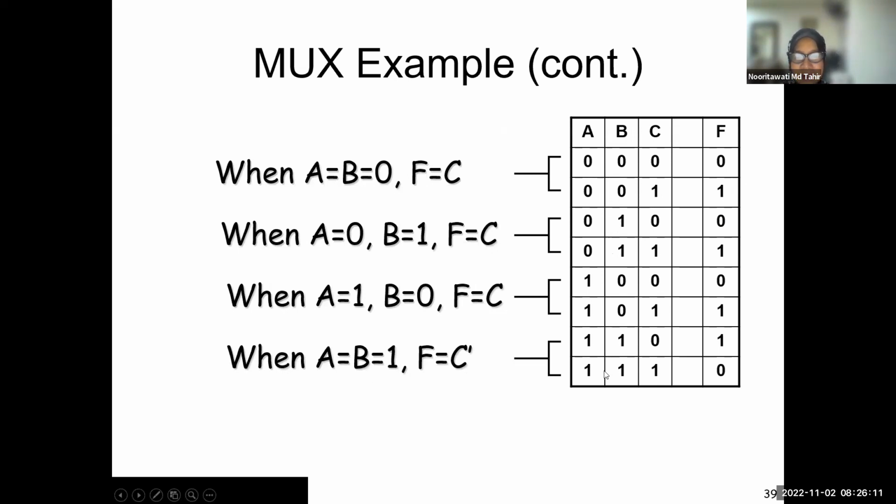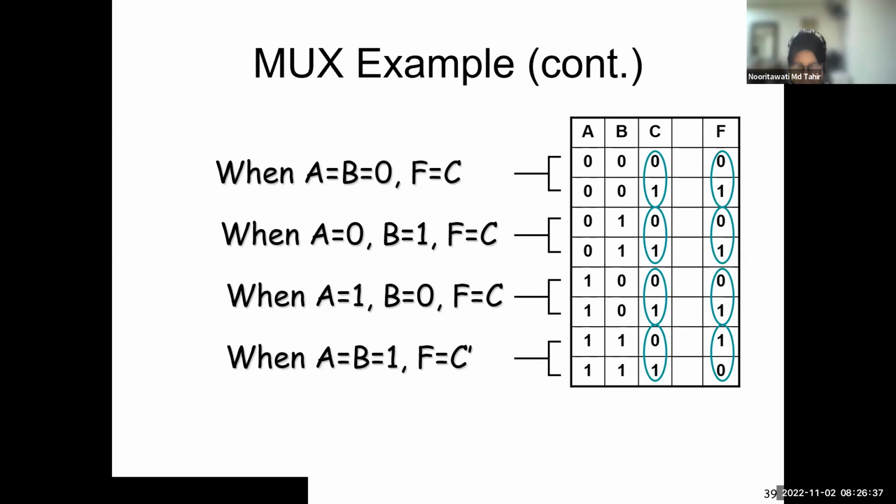Okay, and then F is C and F is C bar. That's how the truth table akan kita assign. Okay.